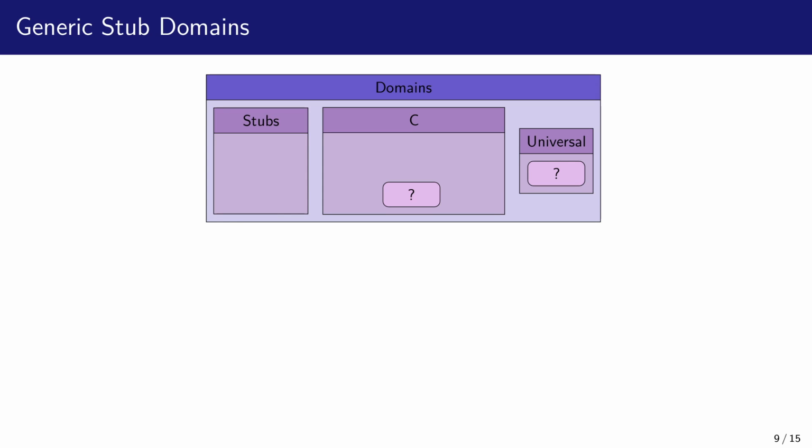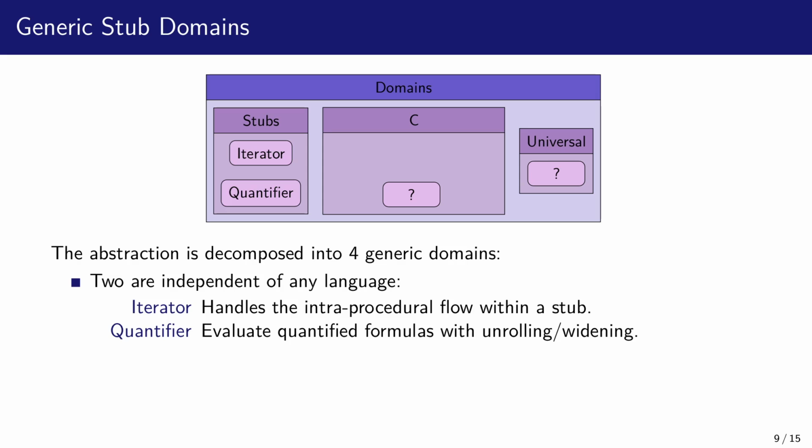So assume that we have a working abstraction of C, no matter how it is abstracted, and assume that we have also some universal abstractions like a numeric domain. And now on top of that, we have added 4 generic domains. 2 of them are independent of any language, so they are used here with C, but we can also use them with, for example, Python.